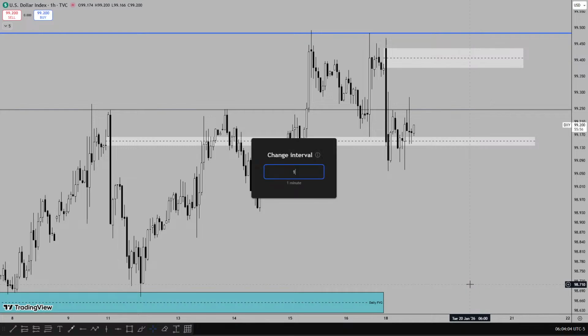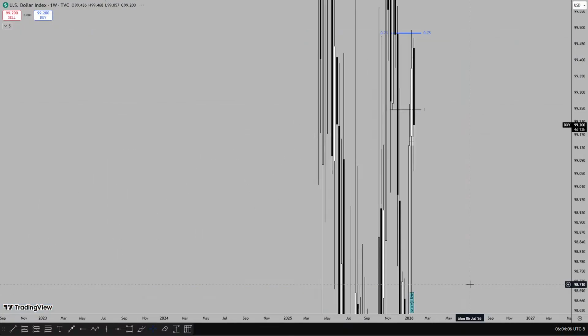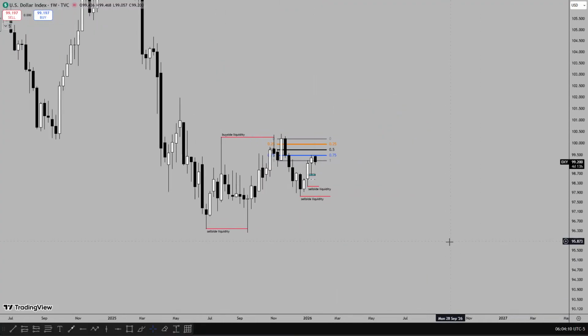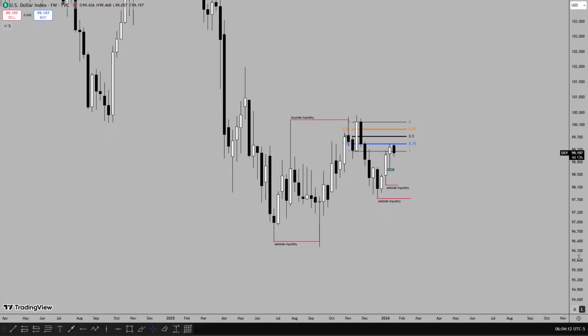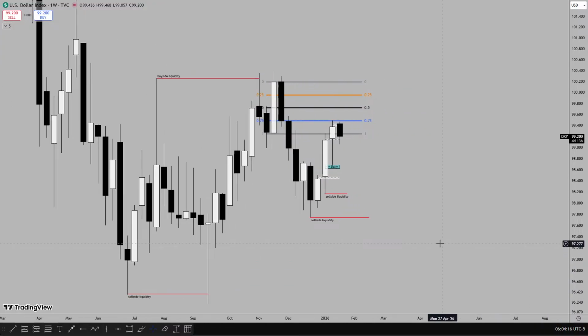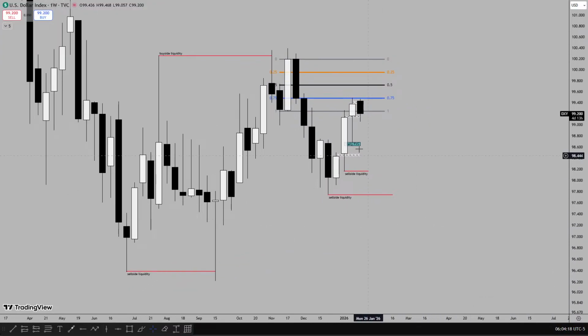Let's go to the weekly time frame. Let's start from the weekly time frame. On the weekly time frame of the dollar index, last week I talked about the weekly order block that I'm looking at price to use as a resistance to trade lower.